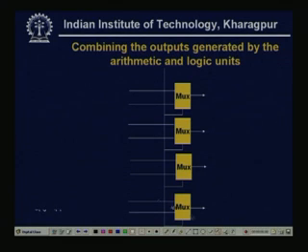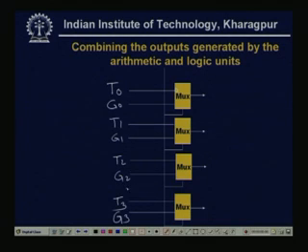The T0, T1, T2, T3, the outputs of the arithmetic unit, come to the 0th line. Similarly, the G0, G1, G2, G3 come to the other multiplexer inputs.